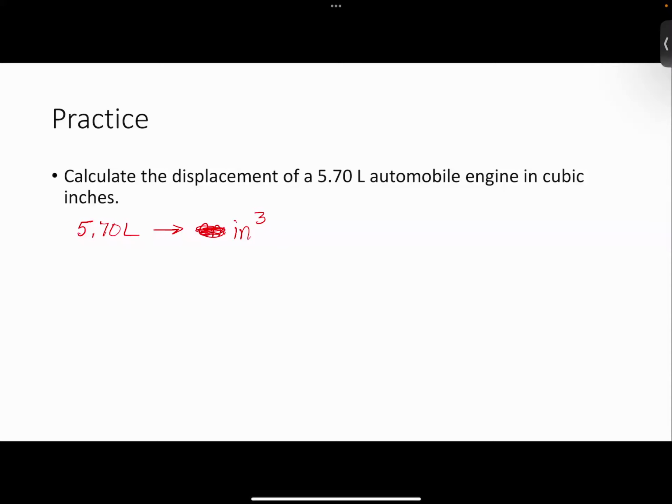Liters and inches have nothing in common. Therefore, I'm going to be using the English to metric conversions.